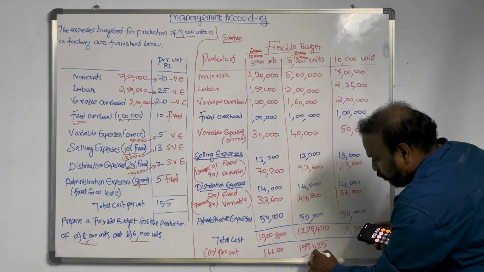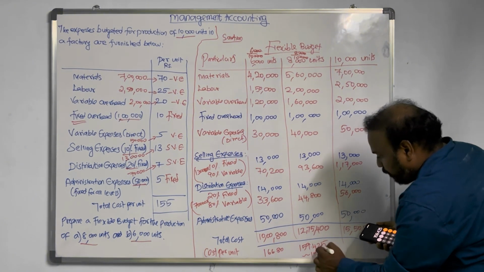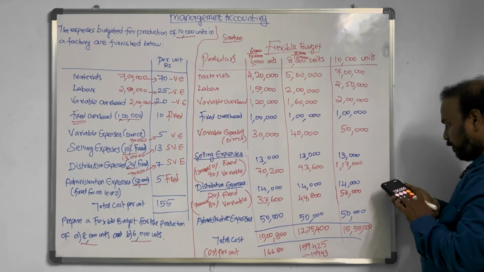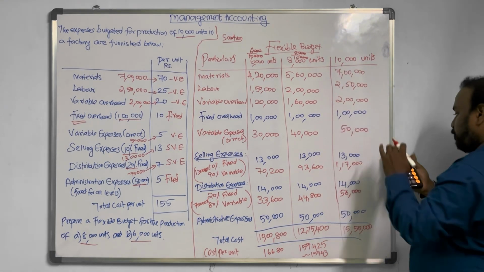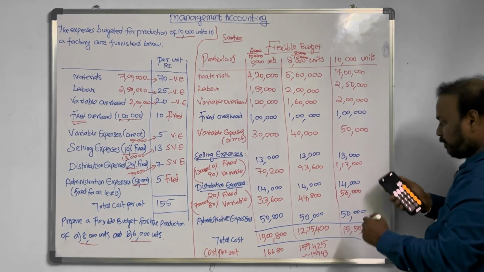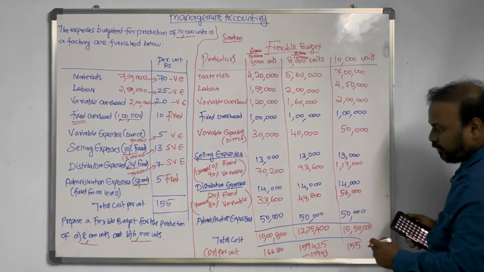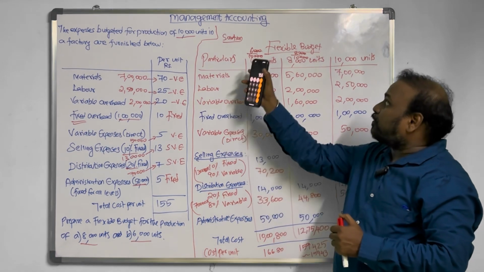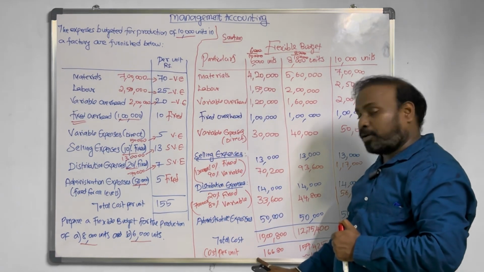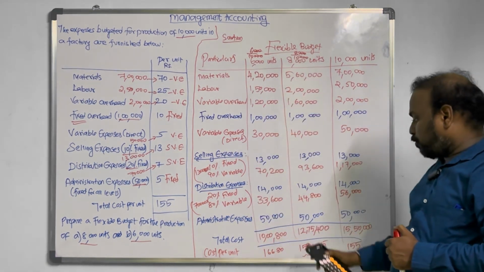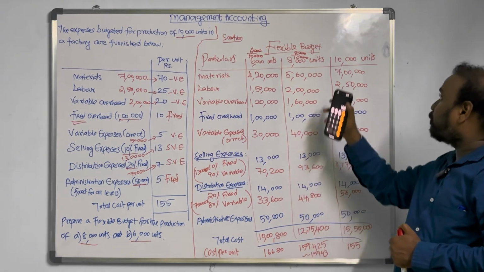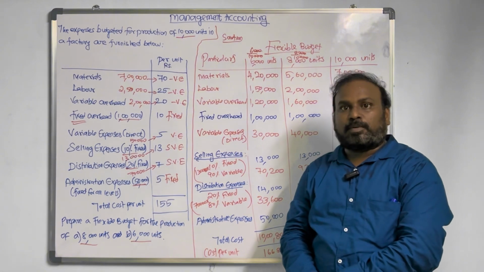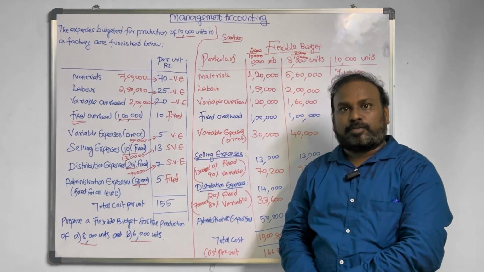You can take it as 159.43. Then for the last one, 15,50,000 divided by 10,000 units is 155 per unit. This is the total cost per unit. For 6,000 units, 166.80. For 8,000 units, 159.43. For 10,000 units, 155. It is a very important Part C problem from the semester examination point of view. Thank you.